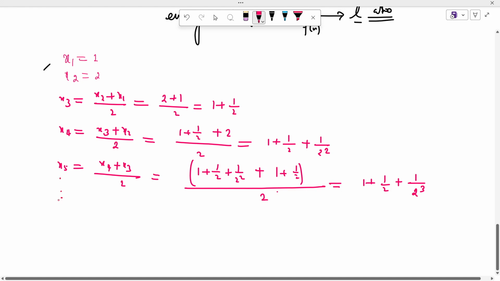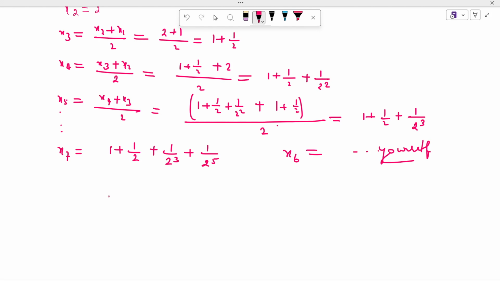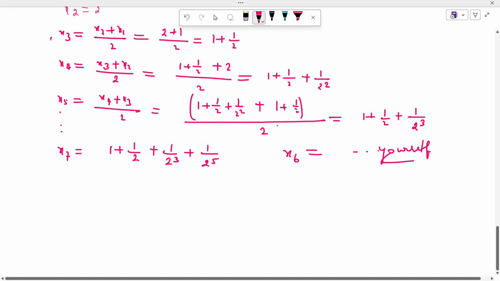Similarly, you can find x7 is equal to 1 plus 1 by 2, plus 1 by 2 cube, plus 1 upon 2 to the power 5. Similarly, what is x6? Do it by yourself. So observe the pattern. What are the odd terms basically? These are x3, x5 and so on.